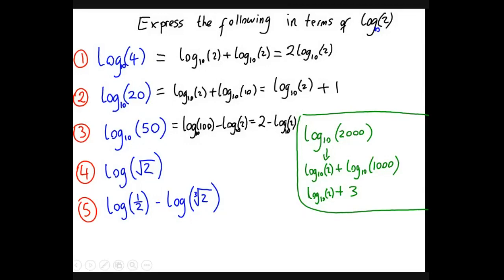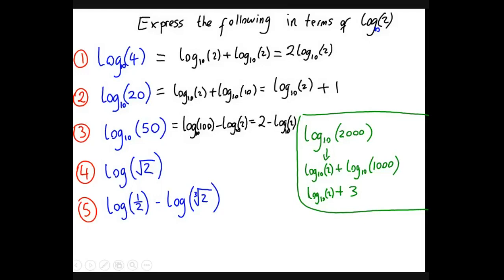Log of the square root of 2. Jackson, did you manage to do that one? I looked at it and didn't get it at all. I thought it was something to do with the minus rule, so I did log 1 minus log 2, but then I thought that didn't make sense.